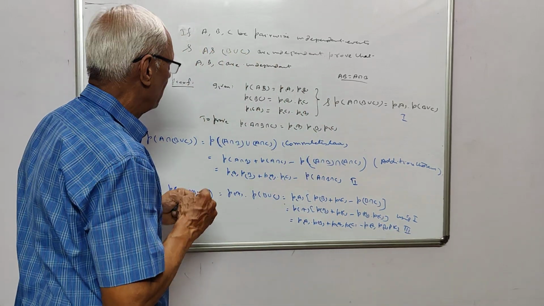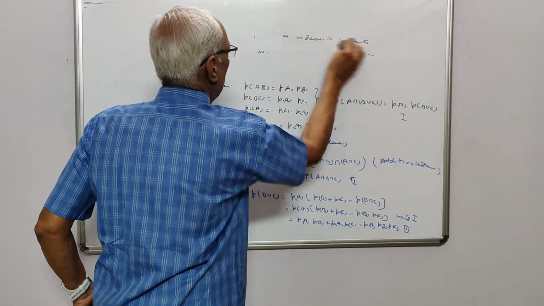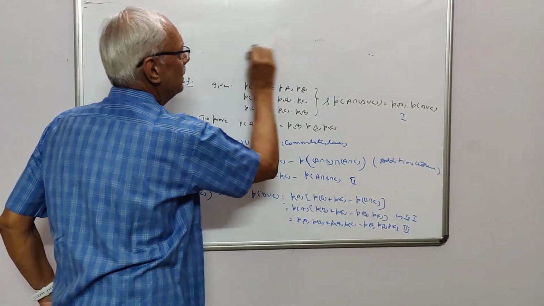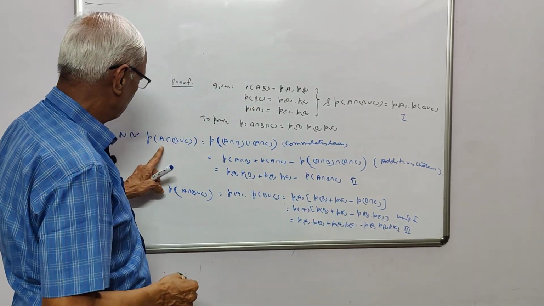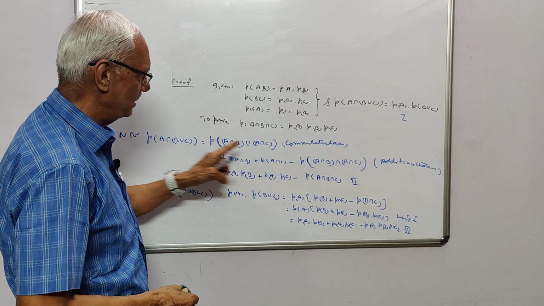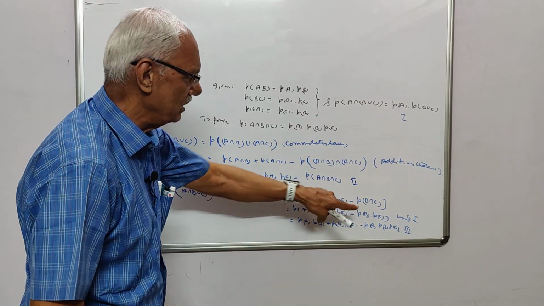Now from 1 and 2, what do you get here? You have got 2 and 3. This is your 2 and this is your 3. P of A intersection B union C is equal to so much, the same quantity is equal to so much. So 2 and 3 are equal.